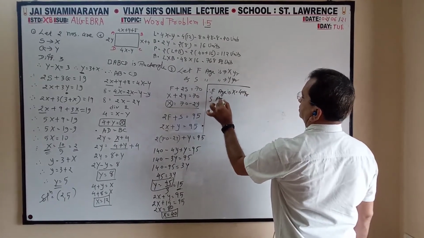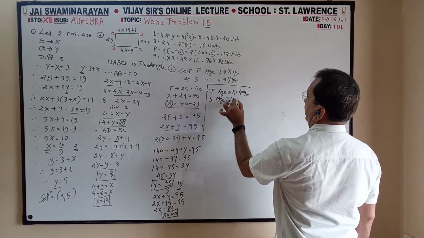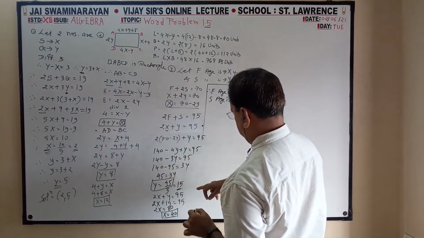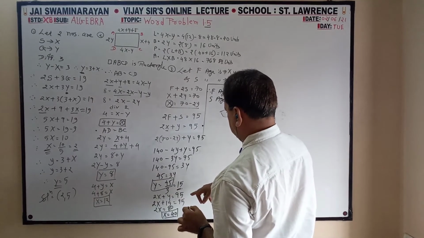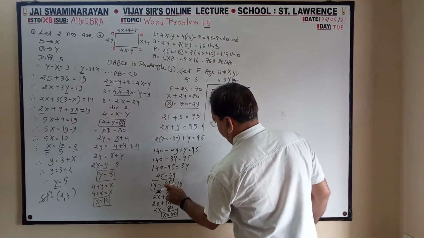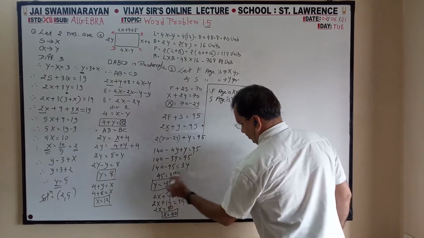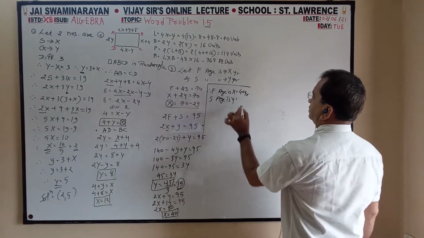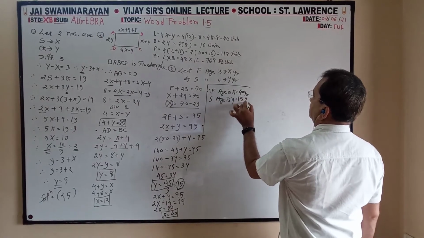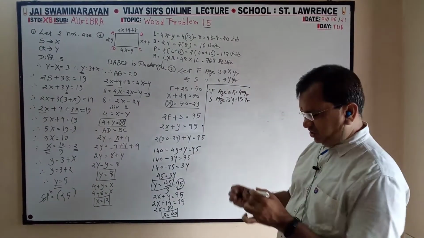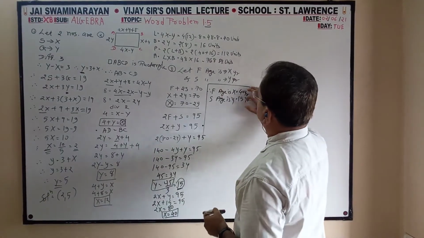Son's age y is 15. No, this is 45, but these are 15. Father is 40, son is 15, now substitute.